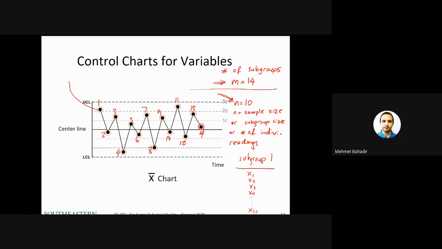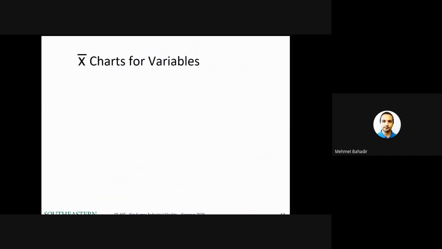Let's assume that it has individual values like 5, 7, 4, 3, 1, right? These are the readings. I don't know what you were measuring, but those are the readings. But okay, each subgroup has to be made of 10 individual readings. Let's do that. Oops.